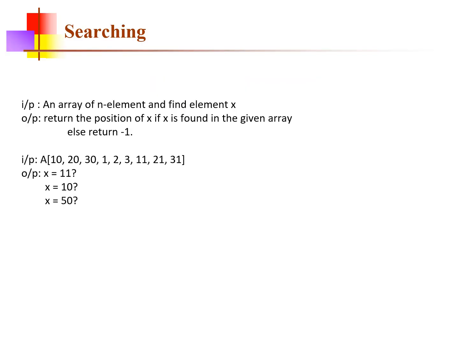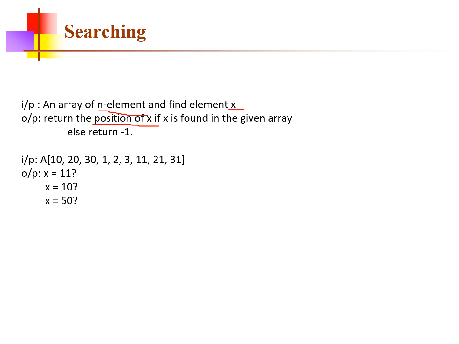So if you see in this example, input will be an array of elements and you want to find an element x. You want to find whether x is present. If x is present, then you will return the position or index of x. If it is not present, then you will return -1 or you may print an element not found kind of message.